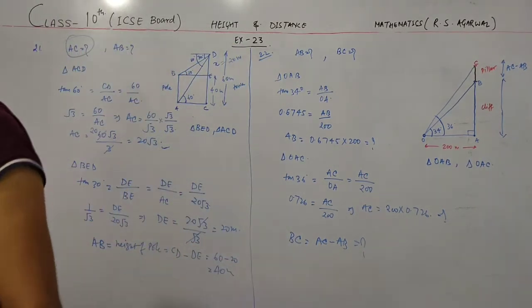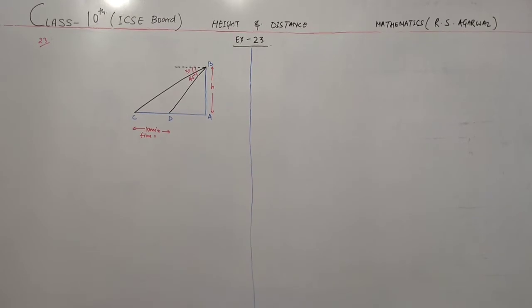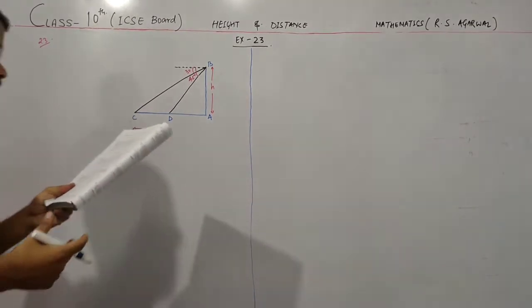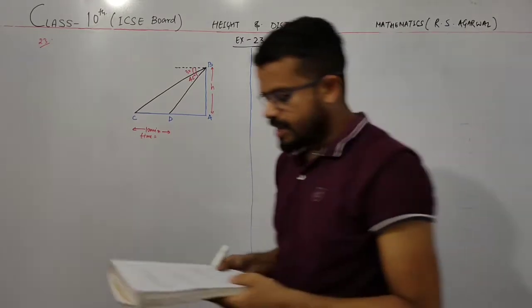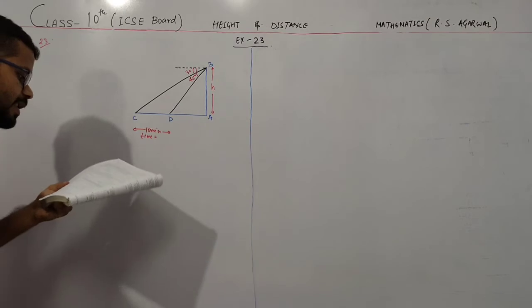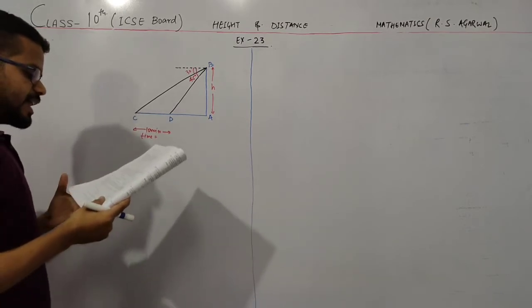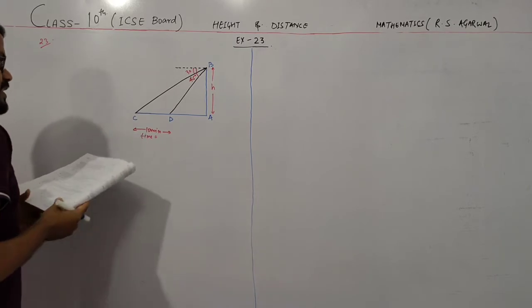Okay, now again come to question number 23, which is a very important question. Question number 23 is: a man on the top of a vertical observation tower observes a car moving at a uniform speed coming directly towards it.